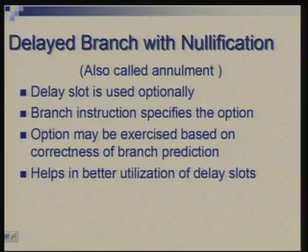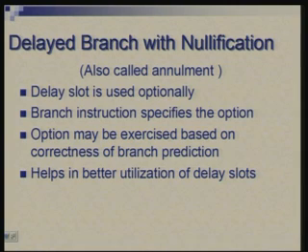When you look at branch prediction and delay slots, then together you can make the design a little more intelligent by giving the programmer flexibility of selectively bypassing the delay slots. Okay. So, that is called delayed branch with nullification or annulment. So, the delay slot is not something which is fixed by the hardware.